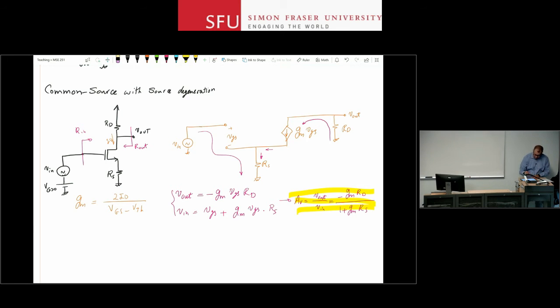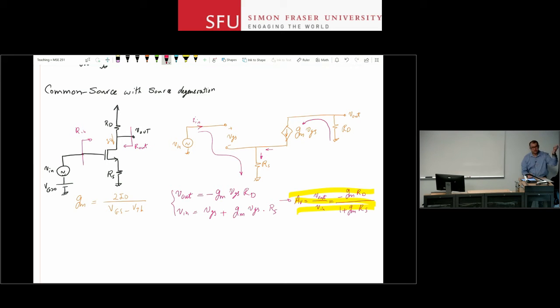Input resistance, again, formally, we need to remove all the independent sources, attach a test source, and measure how much current is drawn from the test source. In this case, my input source is an ideal source Vin. I'm just going to calculate how much current Iin is drawn from the source by the circuit, and that gives me the input resistance.